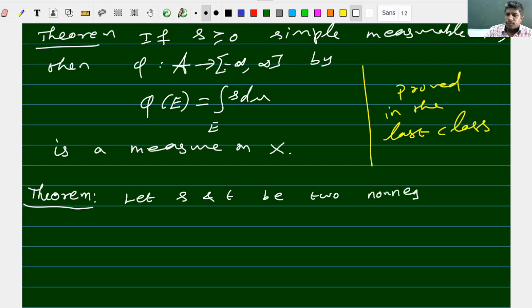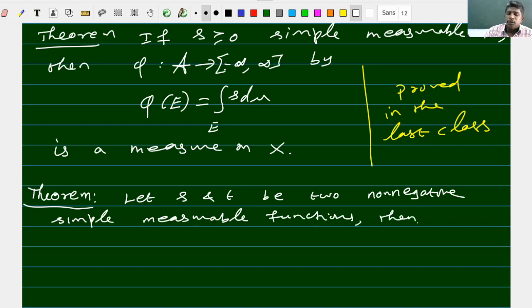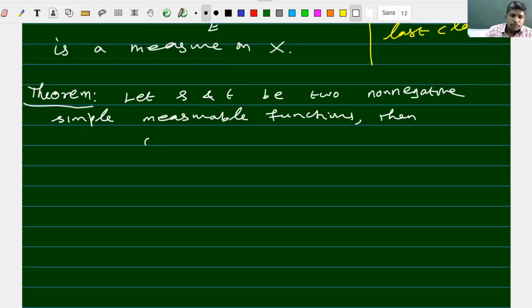Then the integral over X of s plus t d mu: the sum of two simple non-negative measurable functions is again simple, and the sum of two measurable functions is measurable.